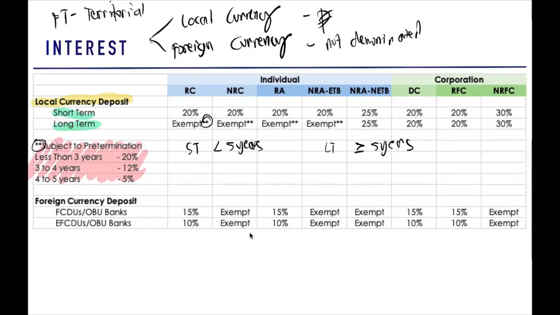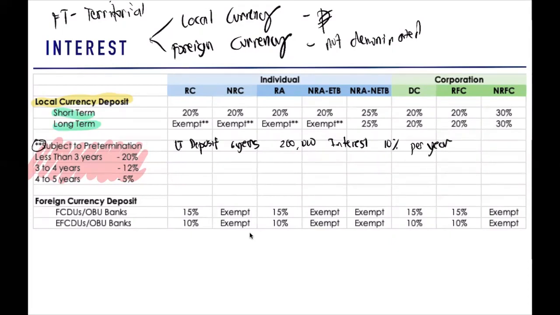So let's have an example here. So we have here a long-term deposit. So let's say 6 years, amounting to 200,000. The interest income is equal to 10% per year. Okay.